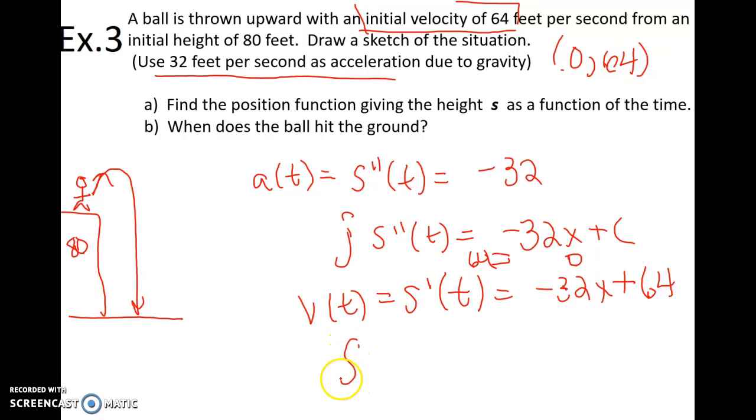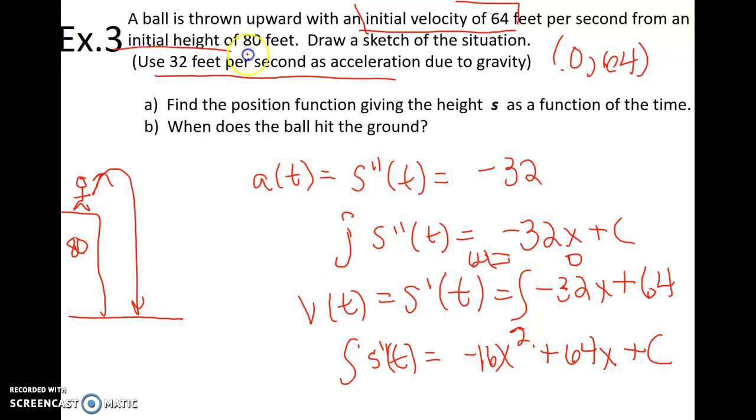We're now going to integrate again. Integrating the first derivative will give us our regular position function. So I'm going to integrate this last answer. I'm going to add 1 to my power, which becomes squared, and divide by that new power. Again, add 1 to make it 64x plus my constant. Now, the initial height or position is 80 feet.